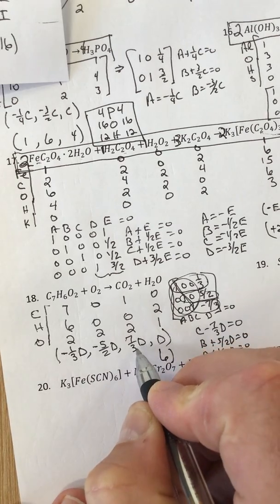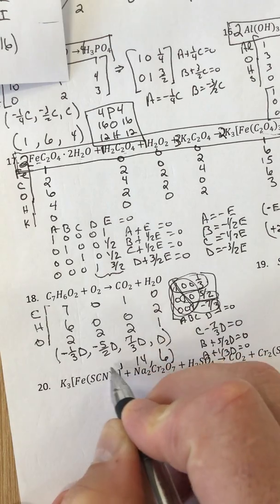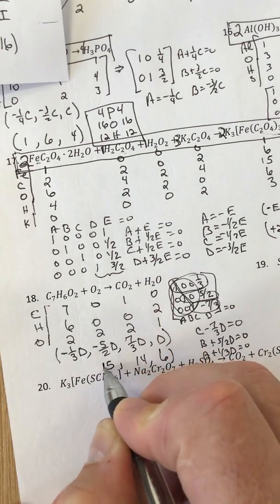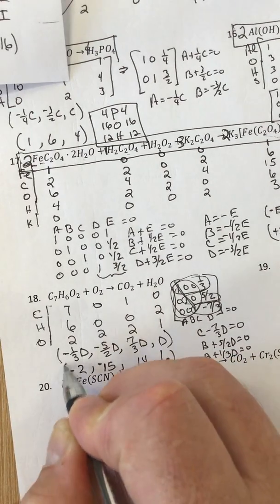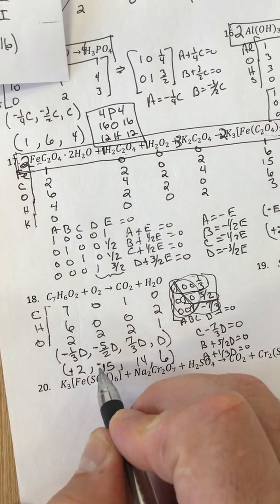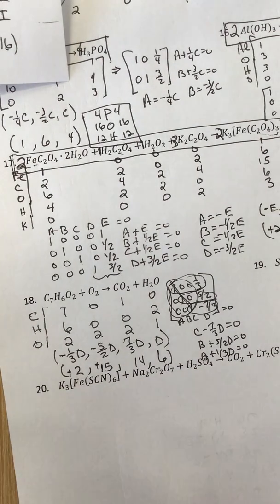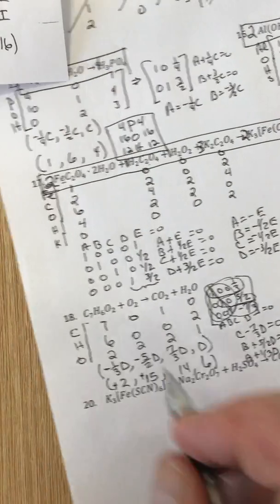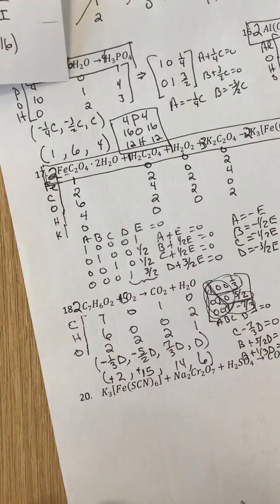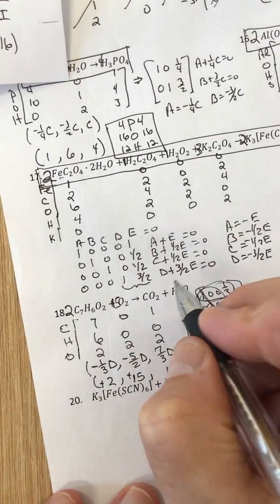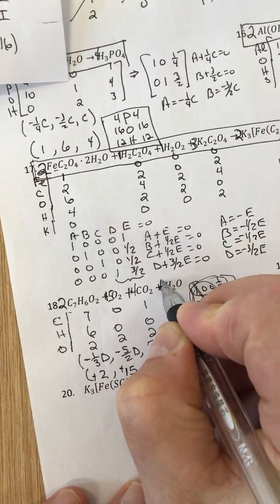So if I pick a 6, that'll be 2 times 7. If I pick a 6 here, that'll be 3 times 5. If I pick a 6 here, it'll be -2, and I want the absolute value. So 2, 15, 14, 6. So I've got 2 of these, 15 oxygen dioxides, 14 carbon dioxides, and 6 waters.